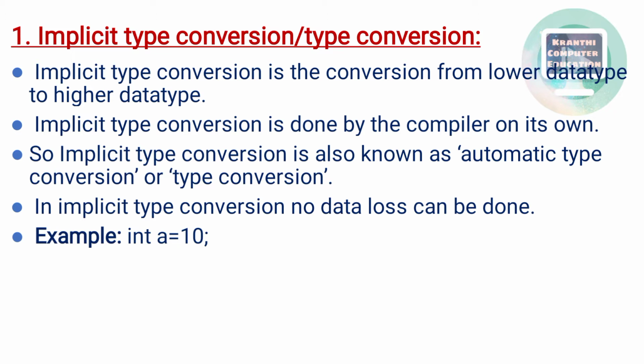Example for implicit type conversion is int a = 10 and then float b = a. Here a is an integer type variable and b is a float type variable. In b we are going to assign the value of a. Here a has an integer value, b is a floating point variable, but it is going to store the value of the integer.